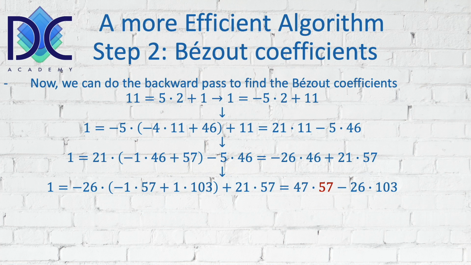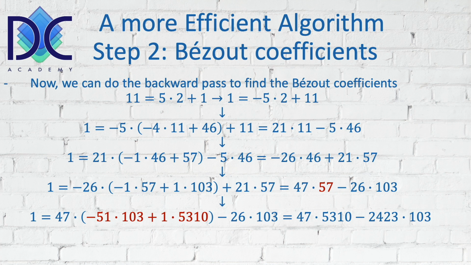The next one is 57, so we put 57 in here again, and we replace 57 by minus 51 times 103 plus 1 times 5,310. And of course, we still have the minus 26 times 103. Then we add the numbers.